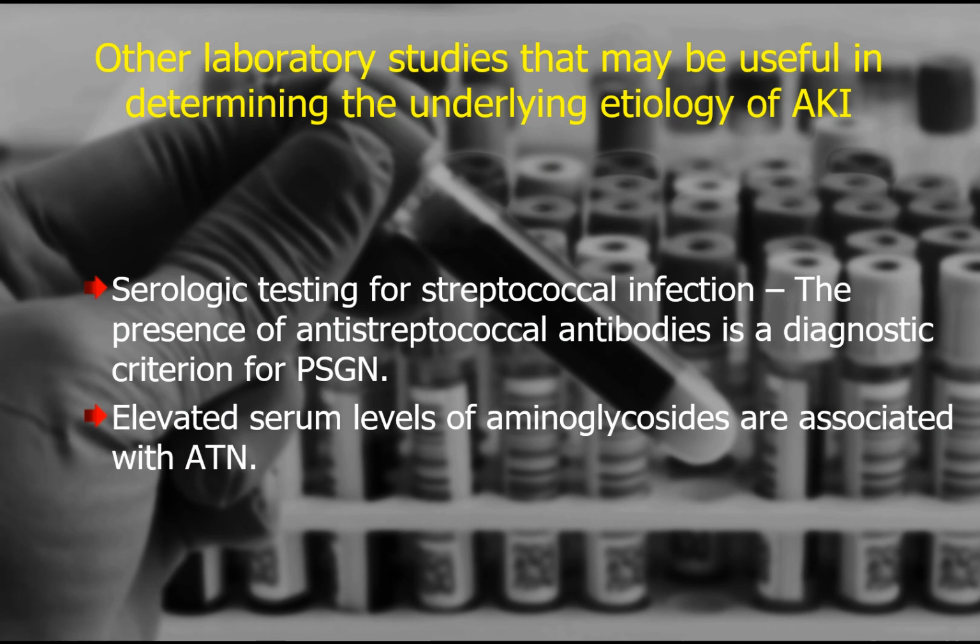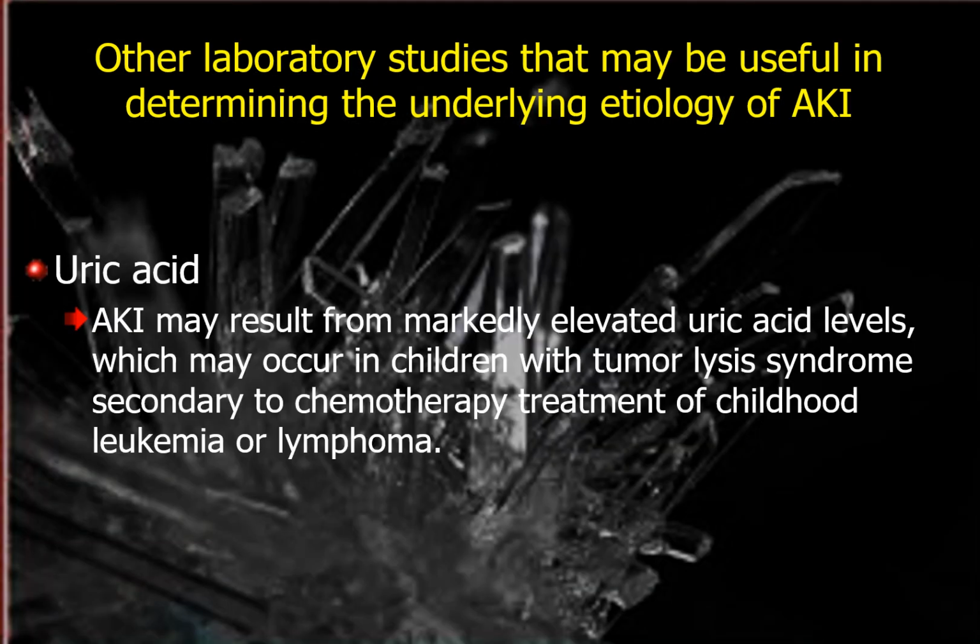Other helpful tests, like serologic testing for strep infection, like the presence of anti-streptococcal antibodies, is a diagnostic criterion for post-strep GN. Drug levels, such as elevated levels of aminoglycosides, are associated with acute tubular necrosis. Acute kidney injury may result from markedly elevated uric acid levels, which may occur in children with tumor lysis syndrome secondary to chemotherapy treatment of childhood leukemia or lymphoma.